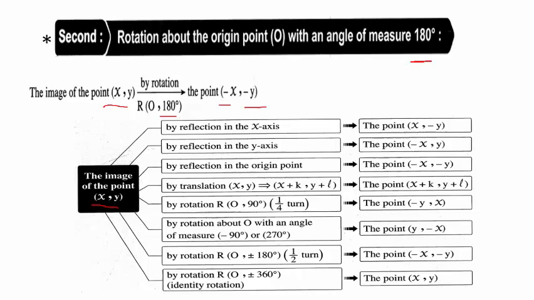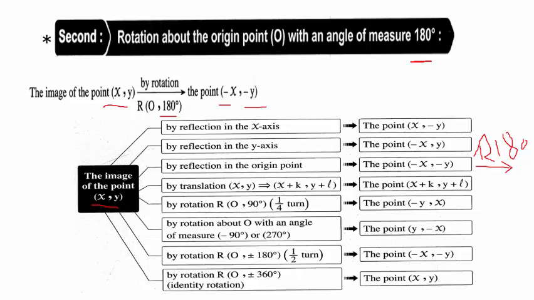Reflection on the y-axis will be (negative x, y). Reflection in the origin point will be (negative x, negative y), and this is a rotation by 180 degrees. Reflection on the origin point is a 180 degree rotation.